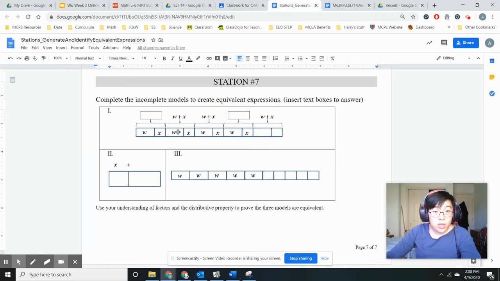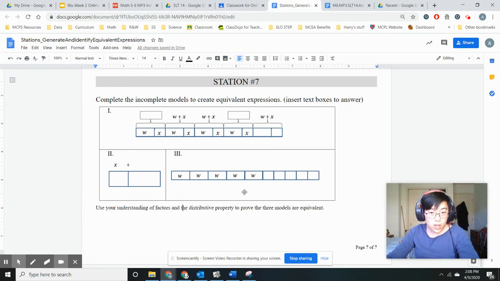So there's 1, 2, 3, 4, 5, so I would put a 5 right here. This is X plus, what are we looking for? W. See, 1, 2, 3, 4, 5 W's. And this would be 1, 2, 3, 4, 5. What's missing? X. So this would show W plus W plus W plus W plus W plus X plus X plus X plus X plus X.